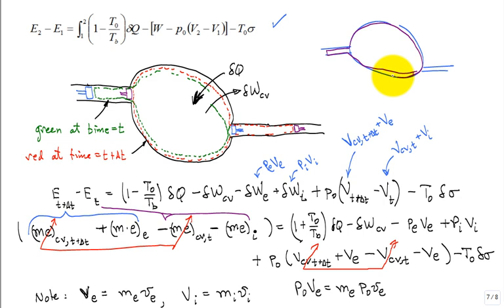So that initial mass is shown by the green dashed line. Can you see that green dashed line? It extends into the pipe where the flow is going to come into the control volume over the delta t time from initial time t to time t plus delta t.